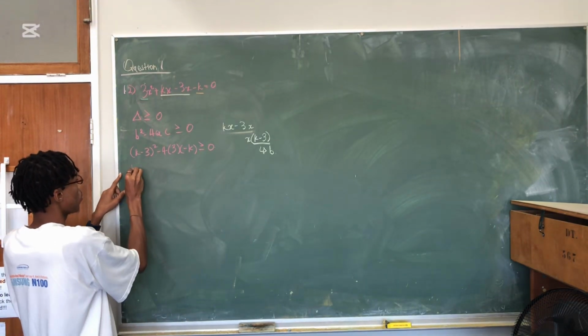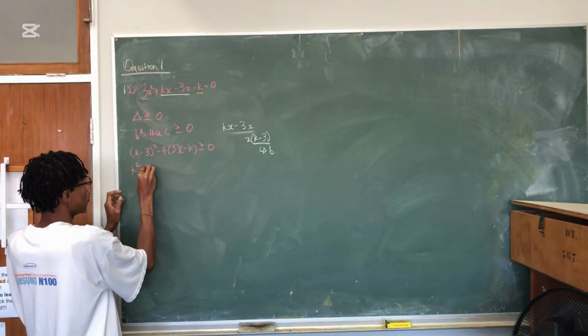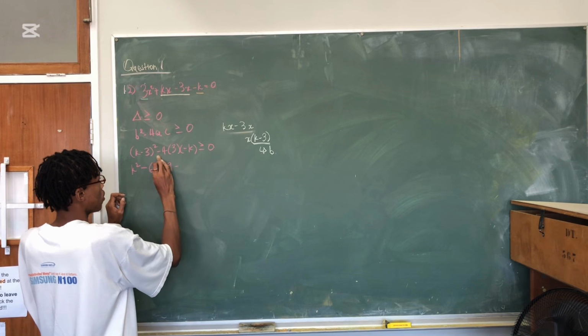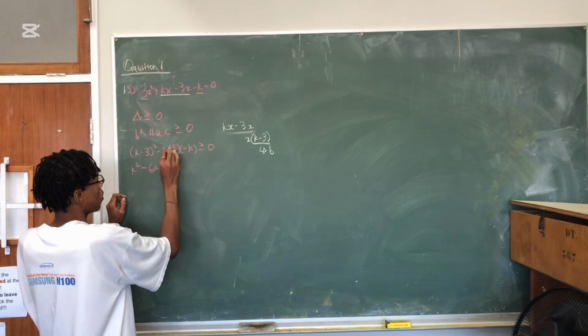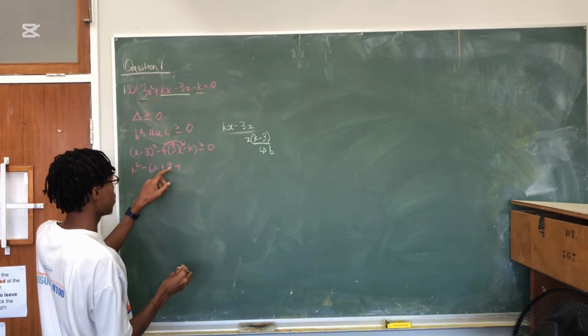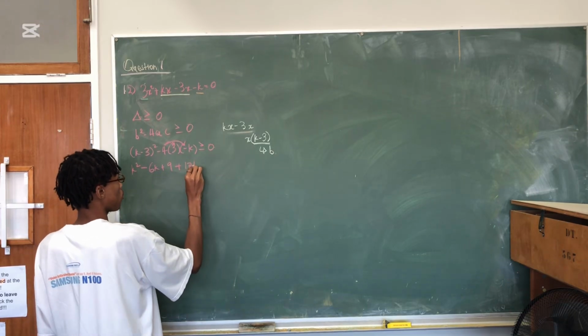This is going to be 3. Distributed throughout is going to be positive 12k.